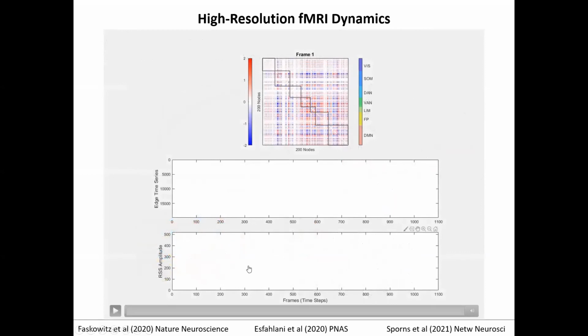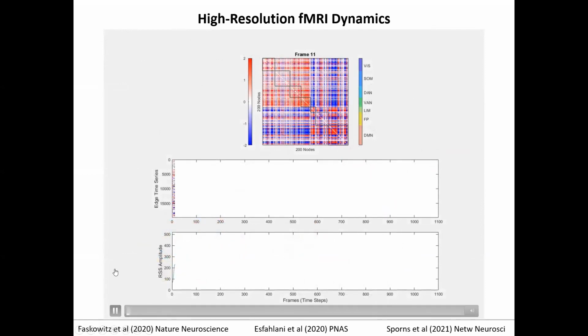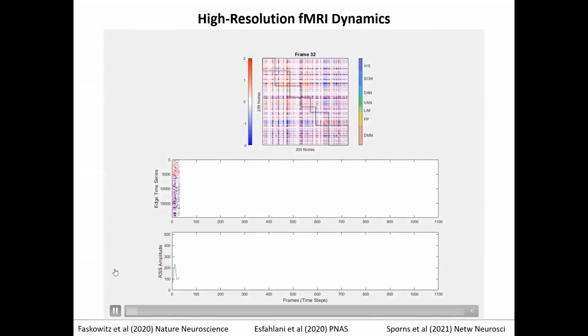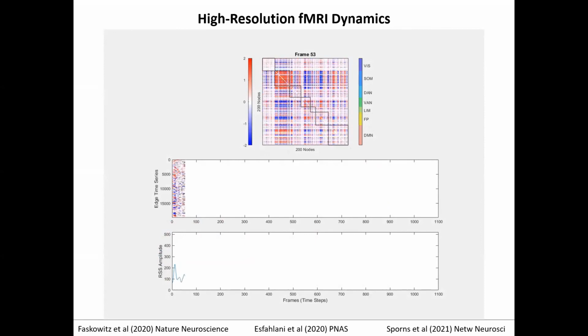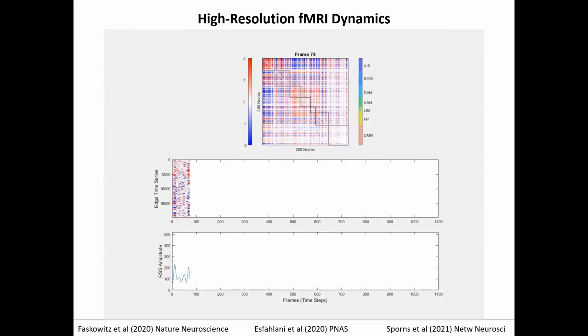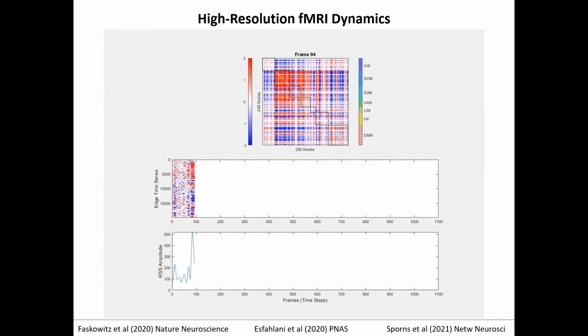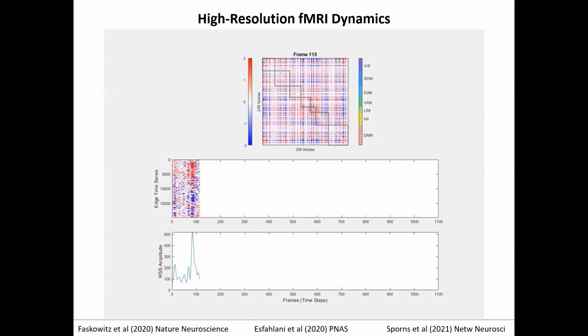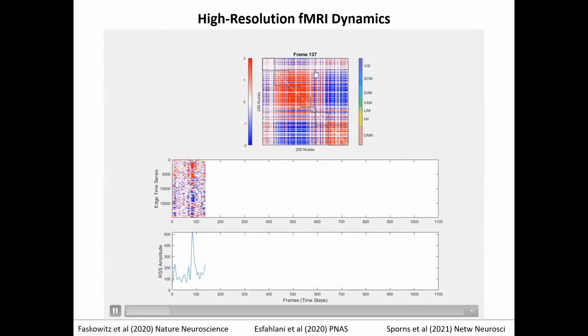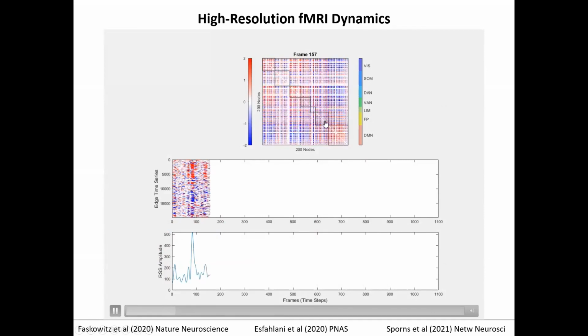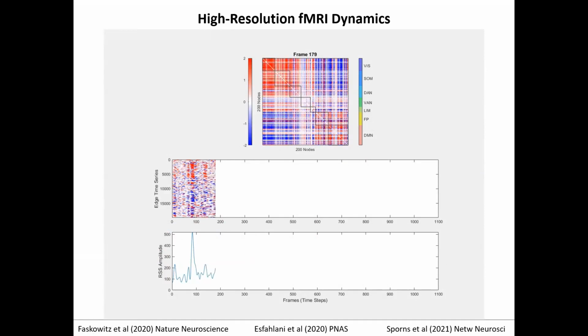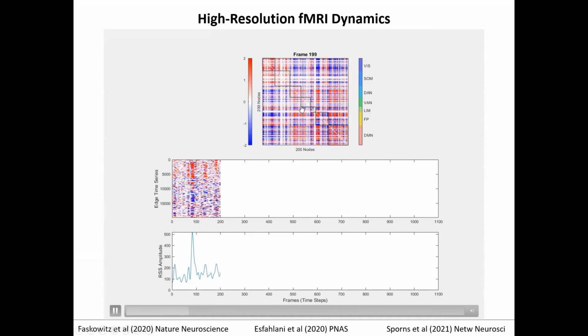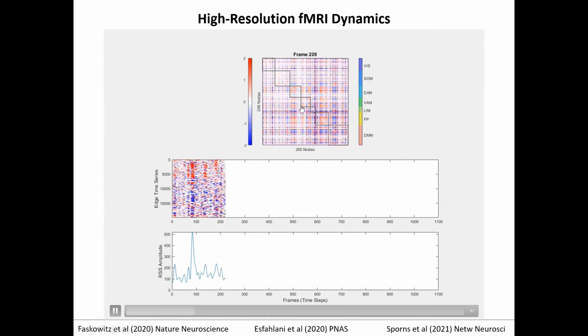Okay, so now let me show you a movie. Here's a movie I've taken off a typical Human Connectome Project subject, and we're looking at that person's co-fluctuation pattern over time. What you see up on top is the co-fluctuation matrix, which is positive in red, and blue means anti or negative co-fluctuation.